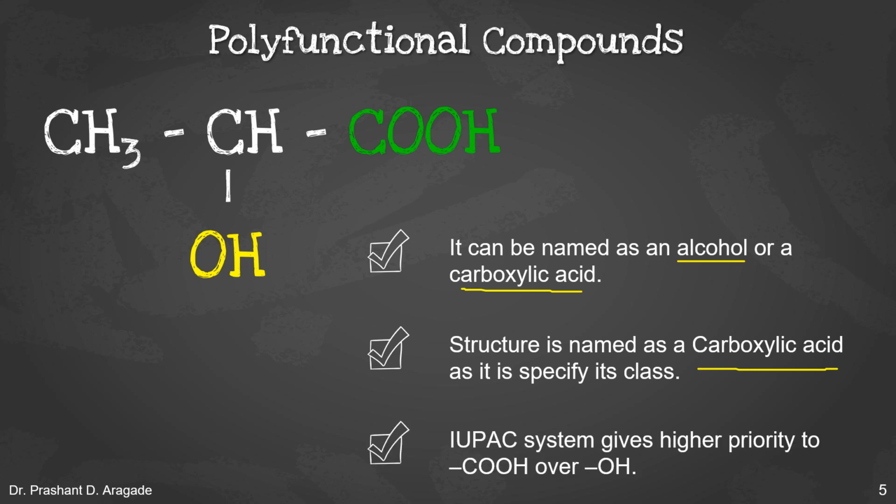Why? In the IUPAC system, a higher priority is given to carboxylic acids over the hydroxyl group, that is the alcoholic group. So as per the IUPAC system, the carboxylic acid functional group has higher priority than alcohol. That's why this compound is named as a carboxylic acid.